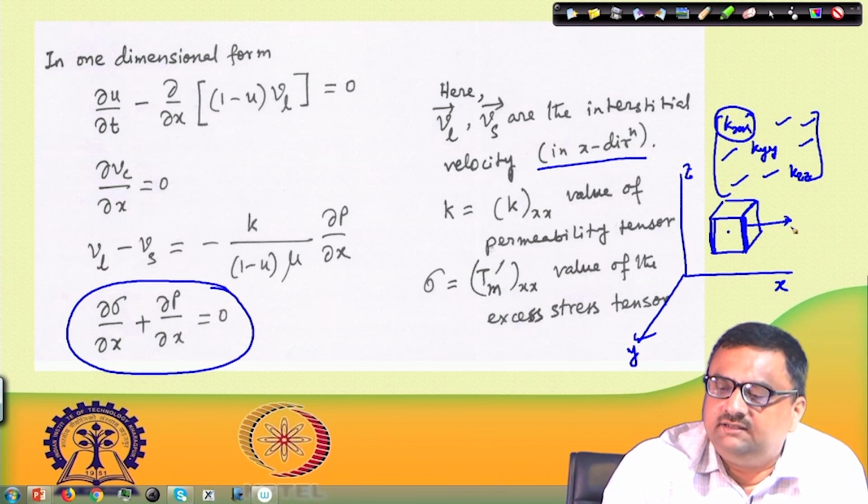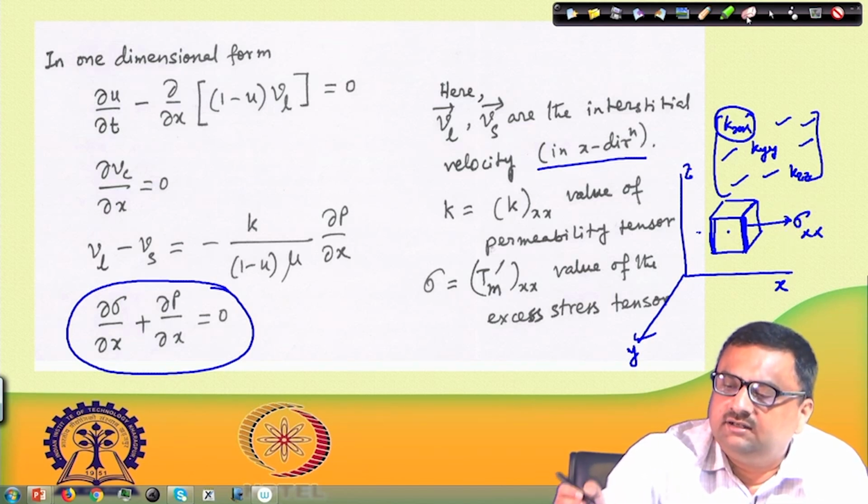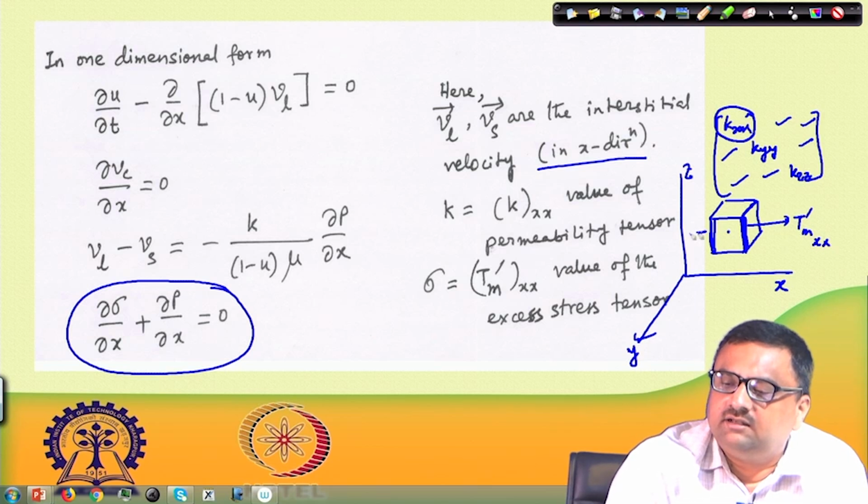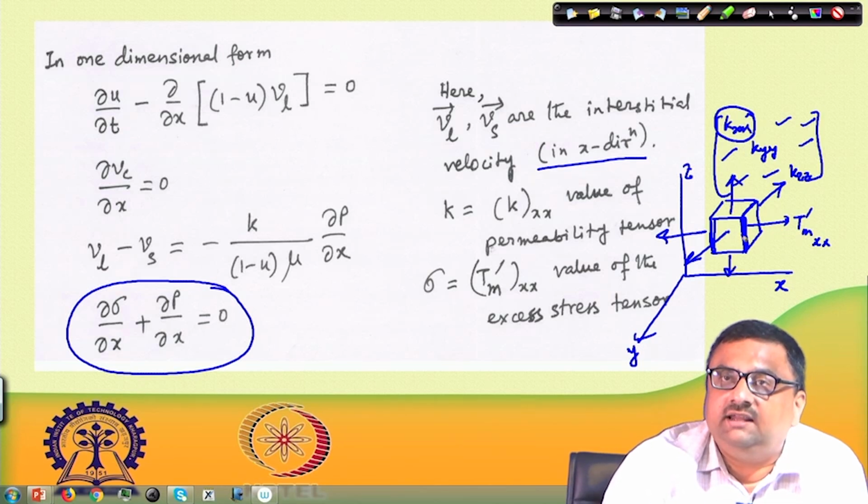Then sigma xx would be acting in this direction, we can call this Tm prime xx, in this direction also Tm prime xx, then we will have Tm prime yy, Tm prime yy, Tm prime zz, Tm prime zz, and then there would be cross terms, which are basically the shear stresses.